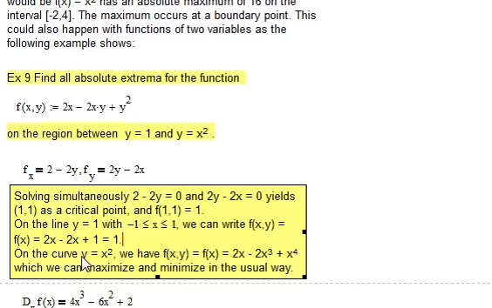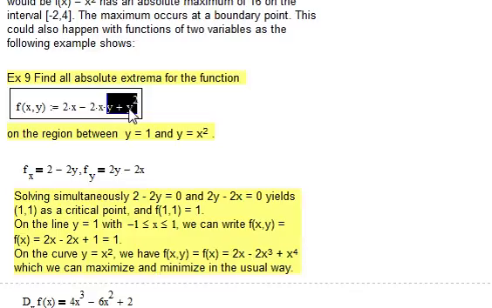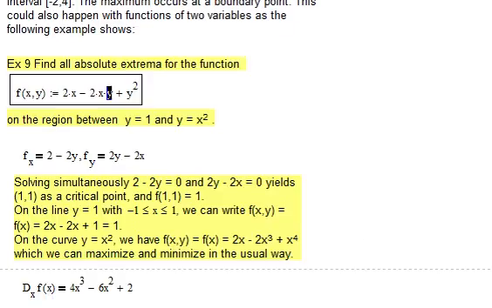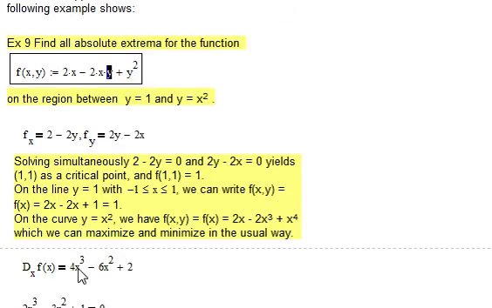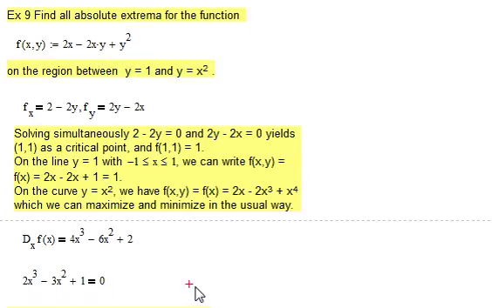On the curve y equals x squared, we have f of x, y equals f of x equals 2x minus 2x cubed plus x to the 4th. That's x squared squared, and this is 2x times x squared, so 2x cubed. We can maximize and minimize that in the usual way. Find the derivative with respect to x, which is kind of easy, and we need to solve this equation set to 0.